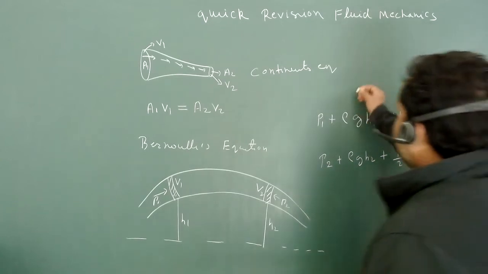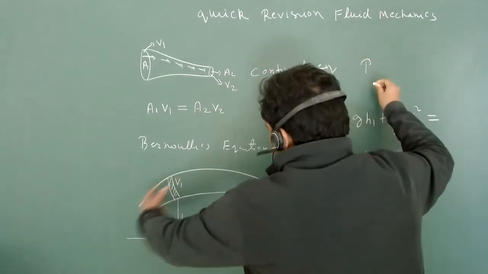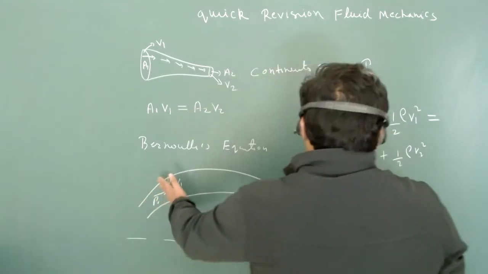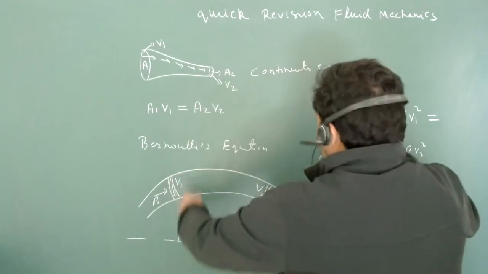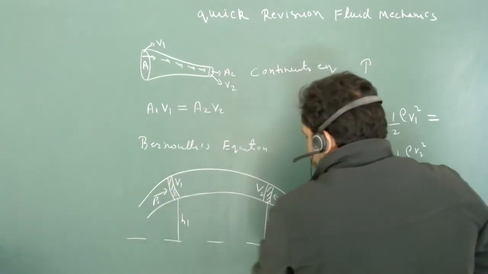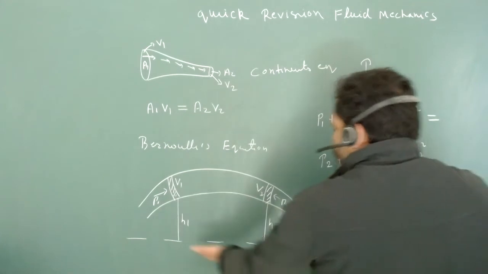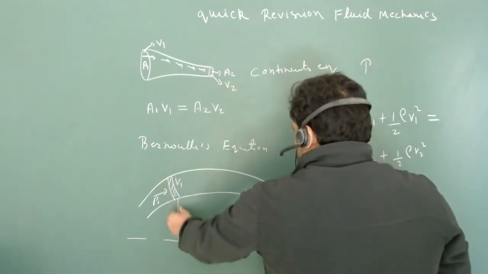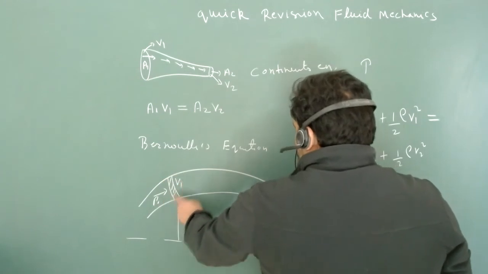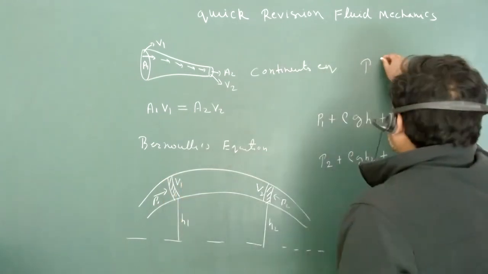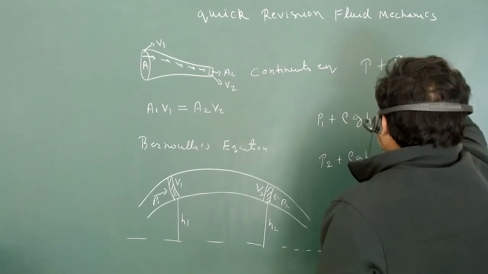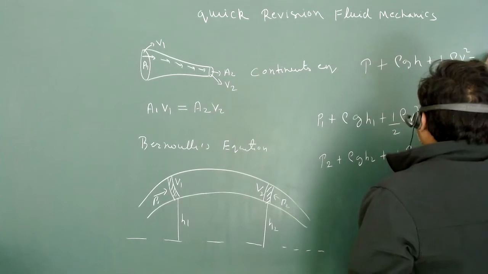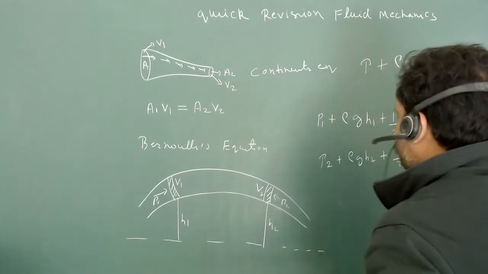The pressure may sometimes be atmospheric pressure, and h is the height from the reference, from the earth, where your pipe is. You have velocity v1 at height h1, so P plus rho g h plus half rho v square is constant.